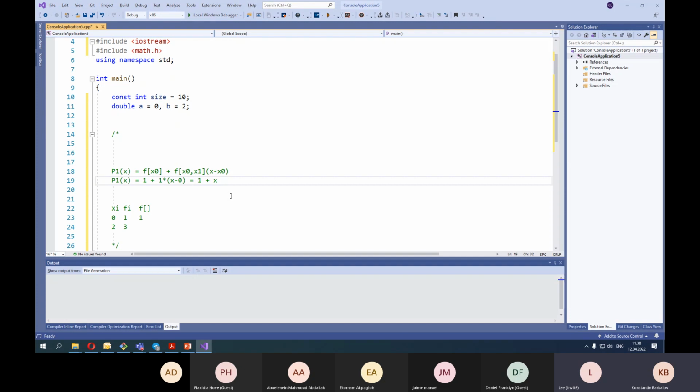Okay, do you understand how to write a Newton polynomial of the first degree? Do you have any questions about the first degree Newton polynomial?